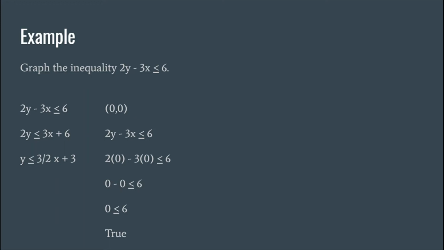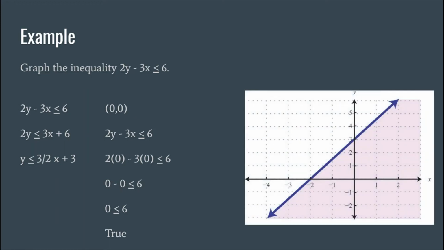So let's make the graph and shade it. Here's the graph. You would use this form here to create the graph of the line. The y-intercept is positive 3. You would go up 3 and over 2 from the slope here. Since this symbol here is less than or equal to, and we said when the symbol is less than or equal to or greater than or equal to, we use a solid line, that's why this graph has a solid line.